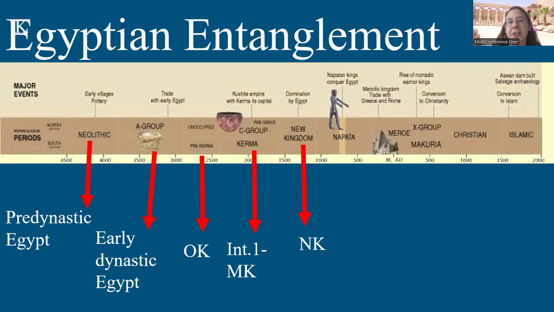So I chose this chart partly because I wanted to center the Nubians front and center, and show Egypt overlaid within that.